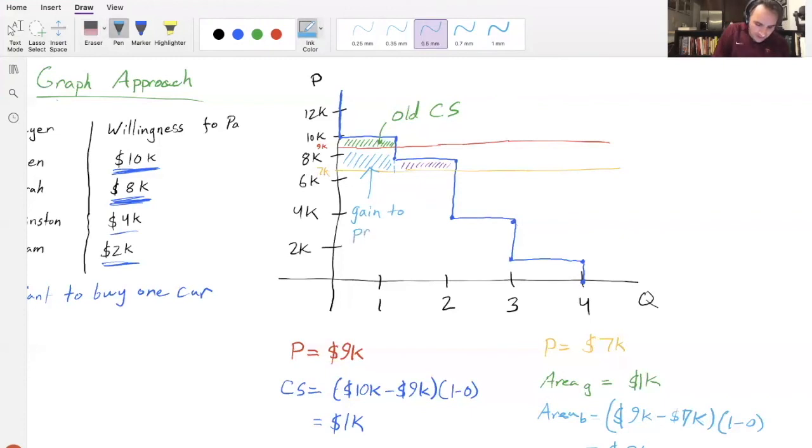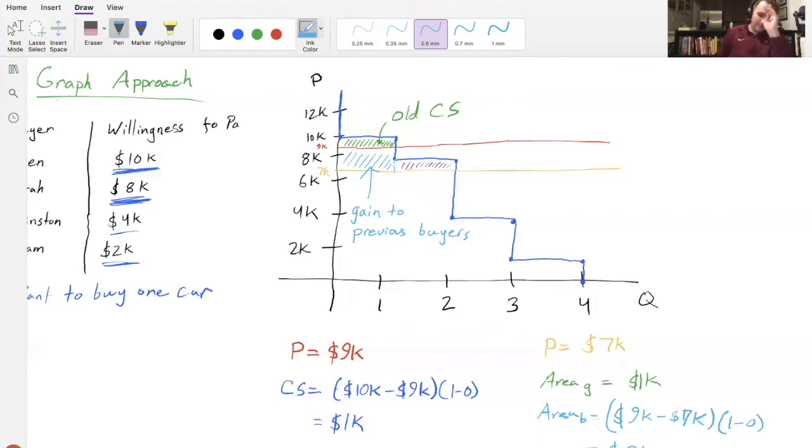So this is the gain to people who are previous buyers. What I mean by previous is, this is the gain in consumer surplus for people who are going to buy at 9,000 anyway, but saw that the price was 7,000.